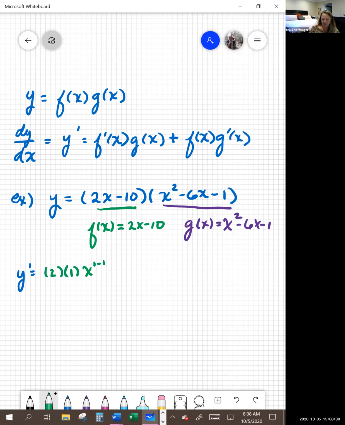So what was the derivative of 10? Minus 0. So derivative of a constant, recall, was 0. So it was the derivative of our first times our second, g of x, x squared minus 6x minus 1.